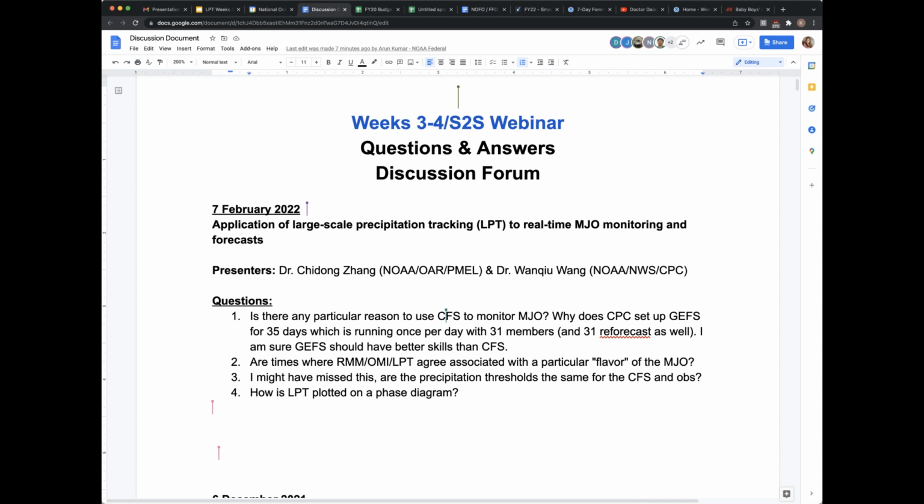The amplitude is rescaled such that it has a good or reasonable match with RMM and other MJO indices. So we just rescale the amplitude to make it more consistent with RMM, then plot it using the amplitude and the location.